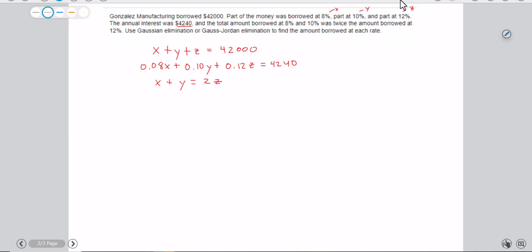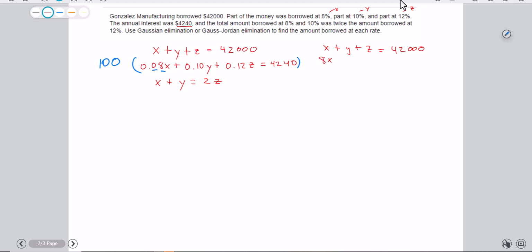So a couple of things I'm going to do first. I'm not going to do anything with this one. Equals 42,000. Remember that if you're not a huge fan of decimals, I could multiply every term by 100. And why by 100? Because that's in the tenths place, that's in the hundredths place. So this will be a little nicer.